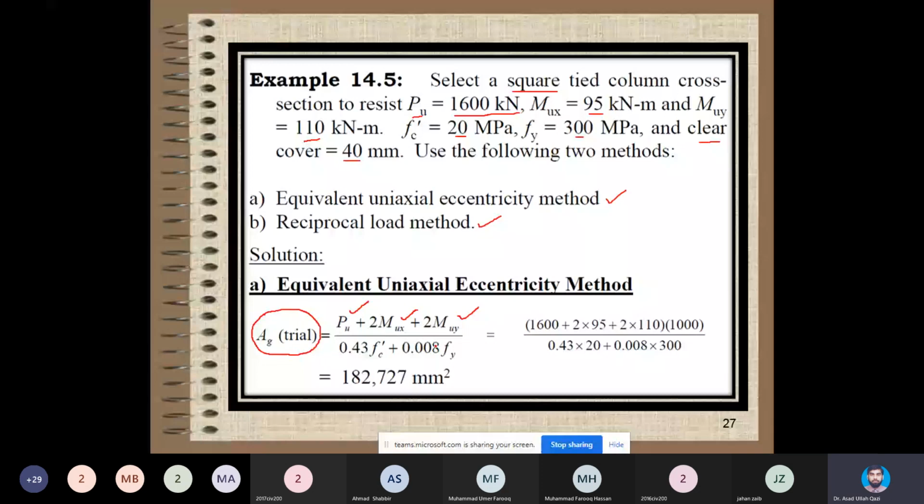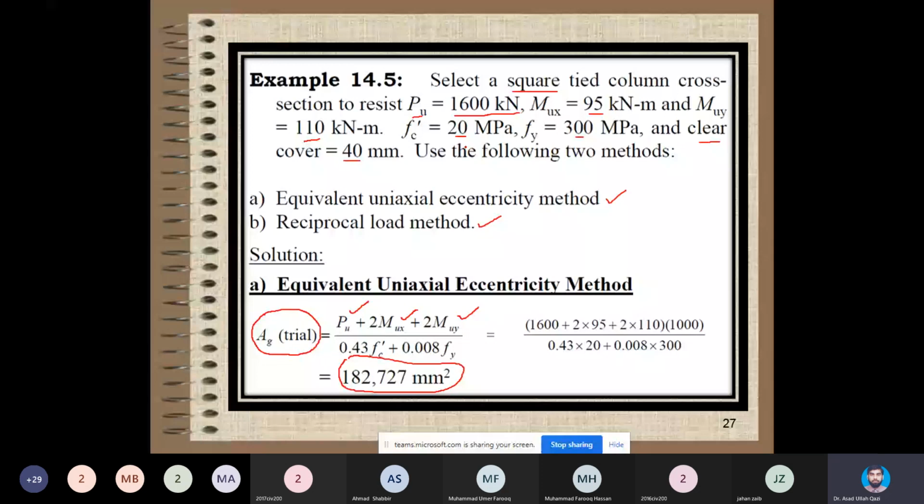This gross area requirement I will keep in mind with reference to a square tied column. I will then take the square root of it to get the trial or the proposed cross section.